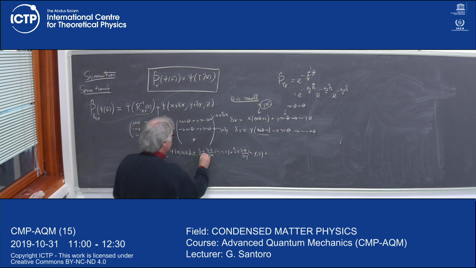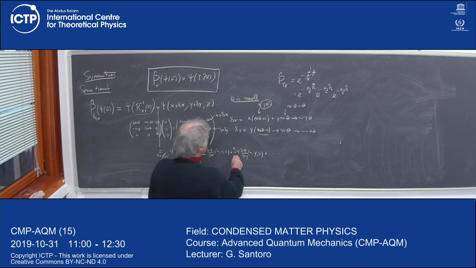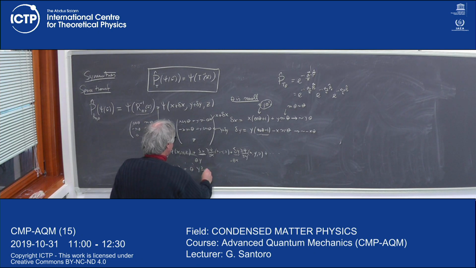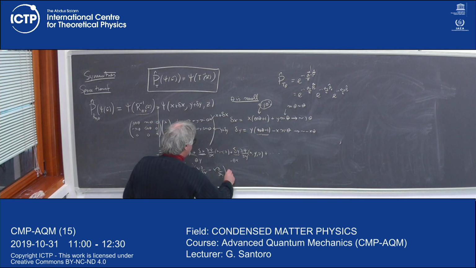Now, this object here, I wrote it there, is equal to theta times y. This object here, I wrote it there, is minus theta times x. Okay? So this object is psi of the point, let me just be briefer, plus theta times (y d/dx minus x d/dy) applied to the function psi of x.